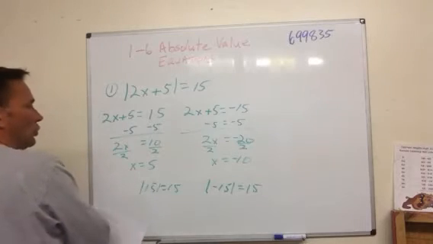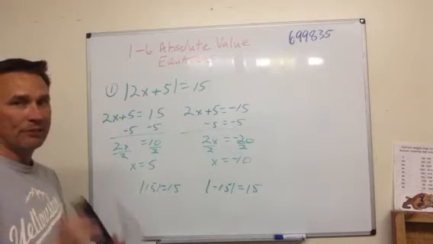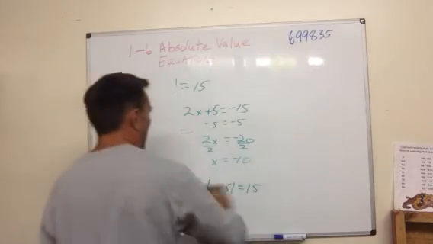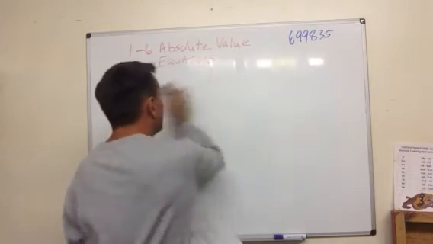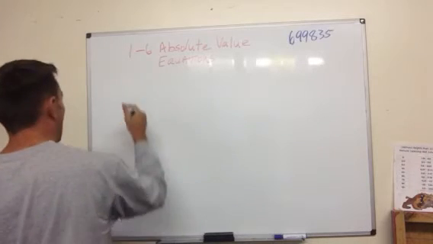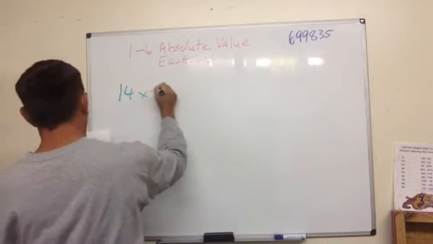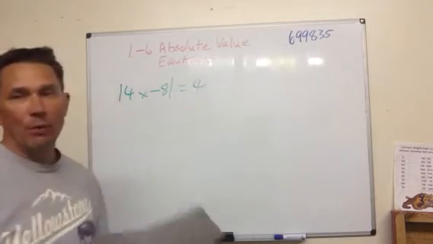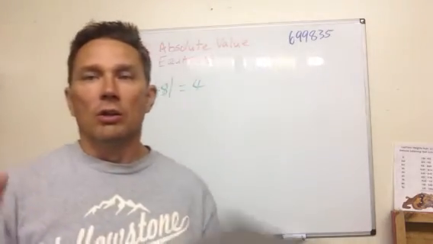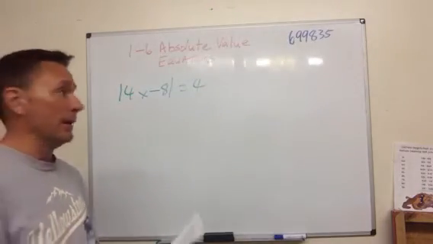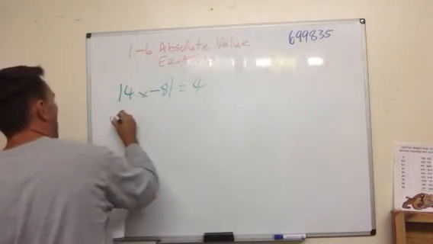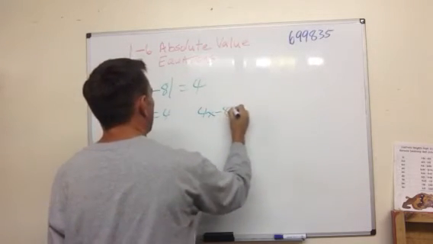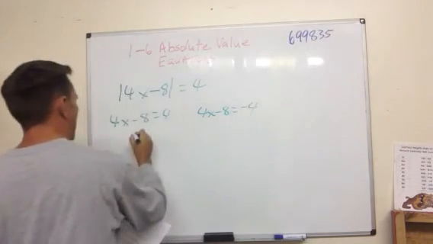Problem 2. If you need to, please stop the video to copy this down. Here's number 2: the absolute value of 4x minus 8 equals 4. At this time I would pause the video, complete the problem, and see if you get it right. We're going to take 4x minus 8 equals 4, and 4x minus 8 equals negative 4.